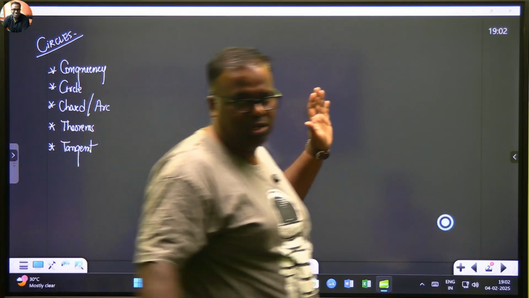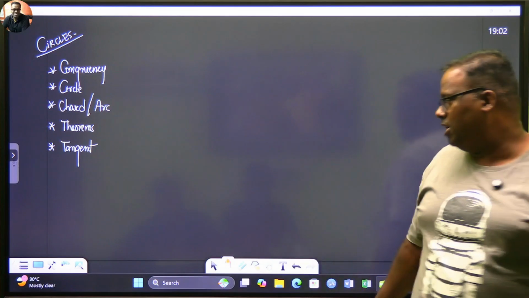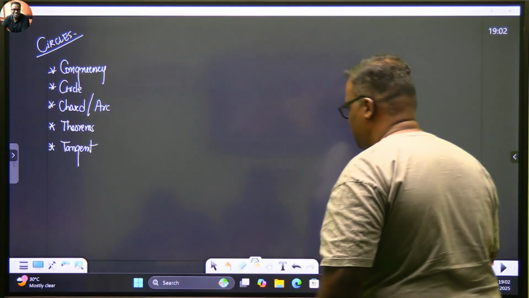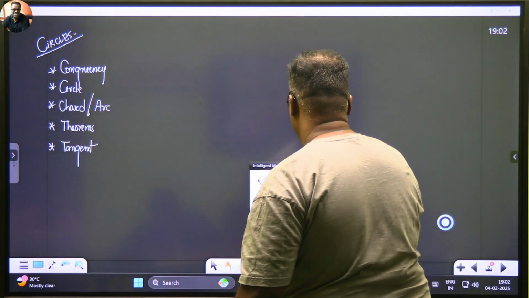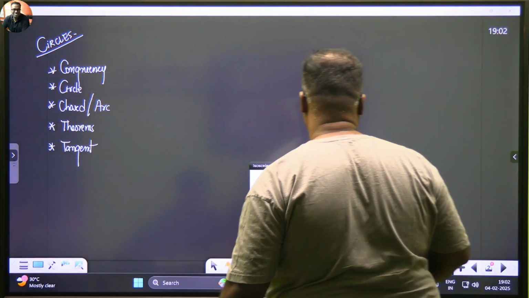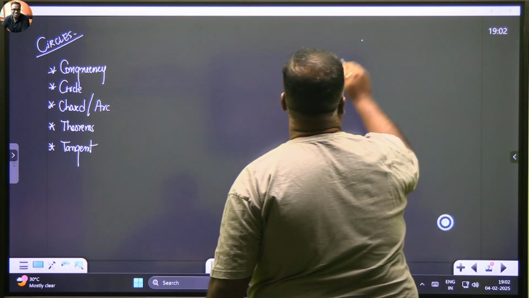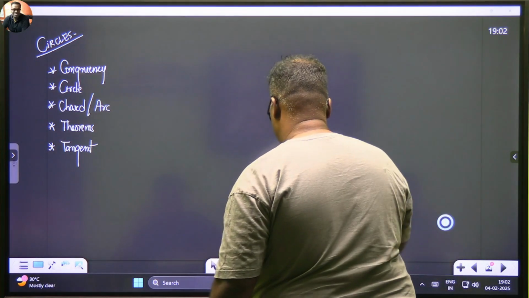These are prelims. Okay, congruency has nothing to do with this chapter, but I believe you should understand congruency. Otherwise, it will be difficult for you to pick up this chapter. Okay, congruency.